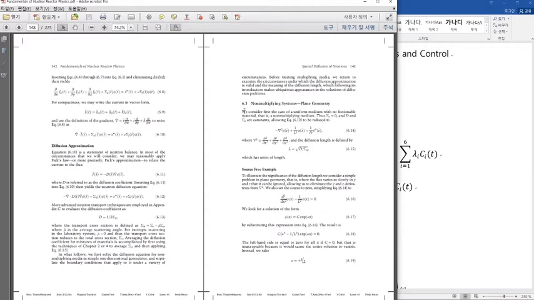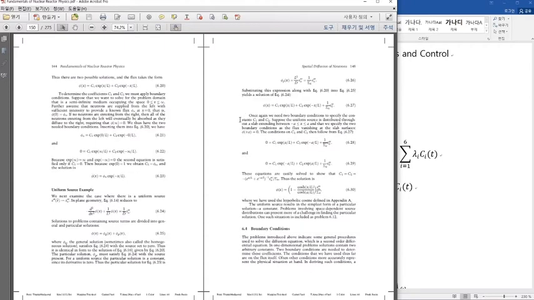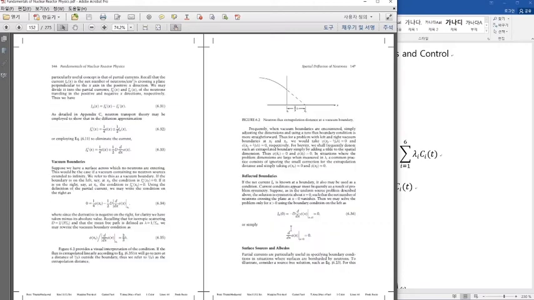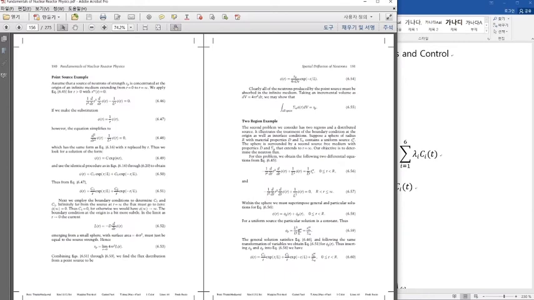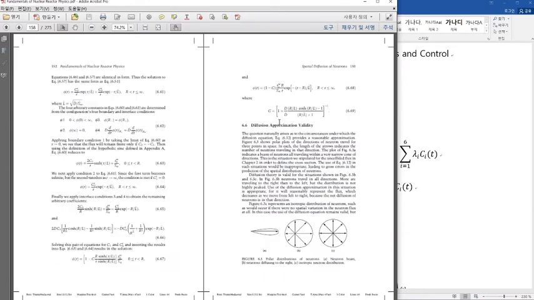First, plane geometry, and then plane geometry with a uniform source, and we talked about boundary conditions. Then we applied it to spherical geometry, with a point source example and a two region example.